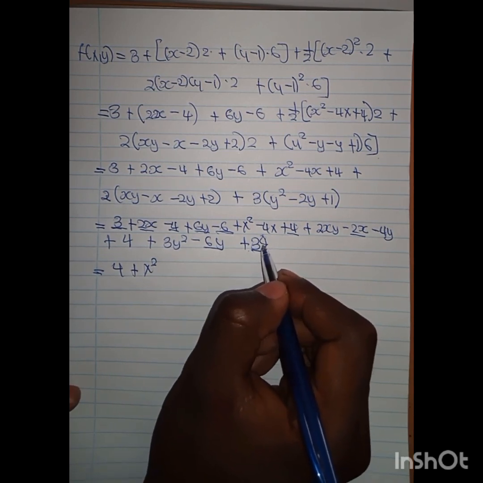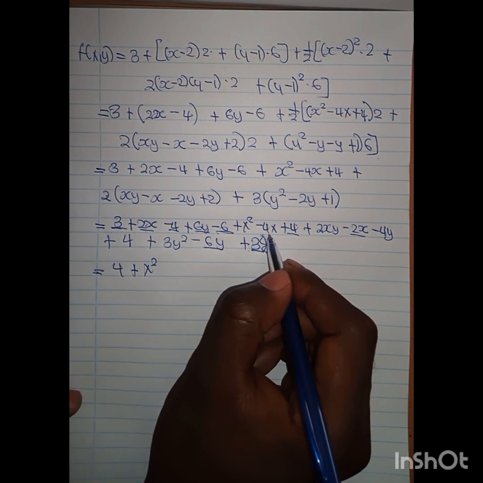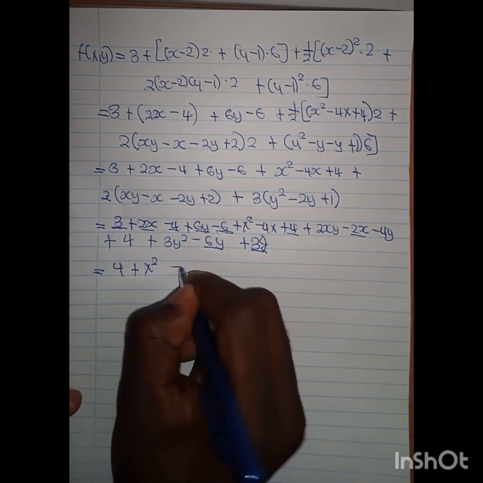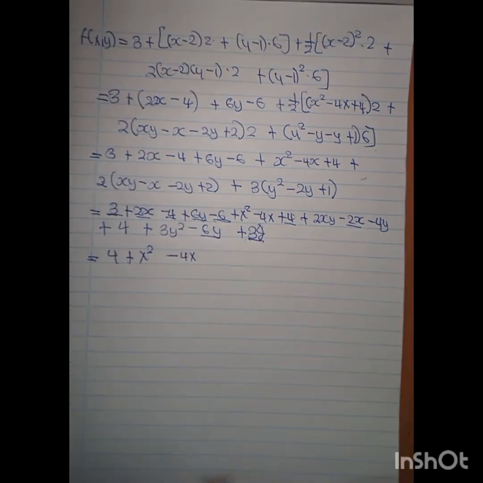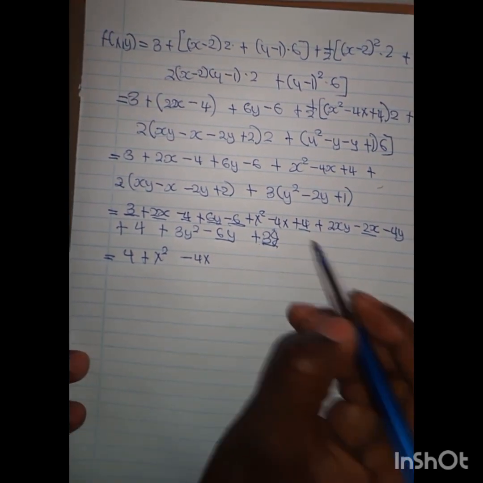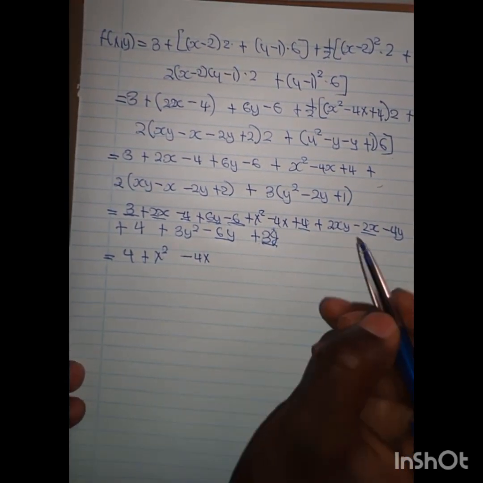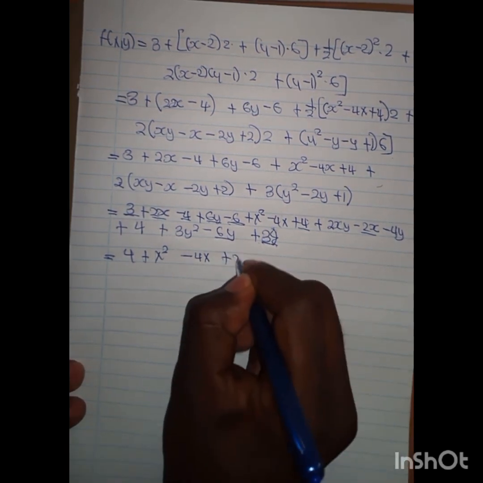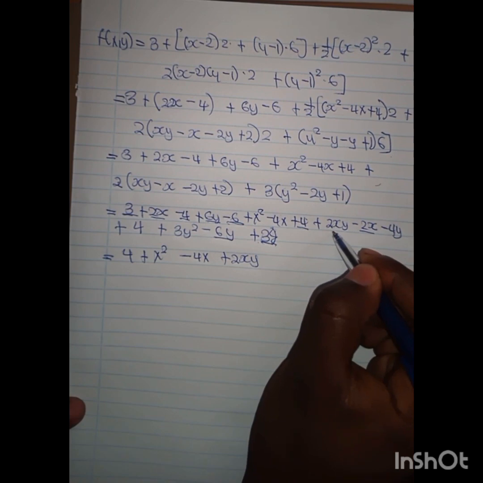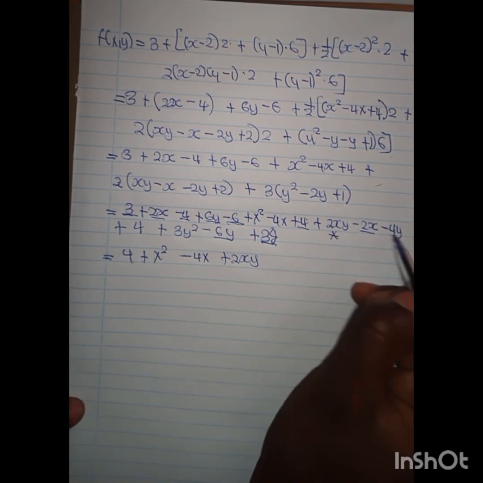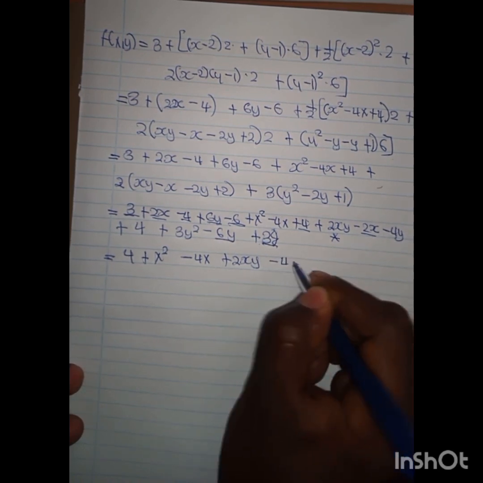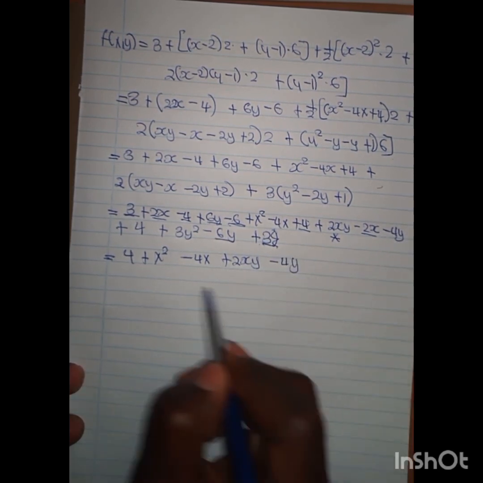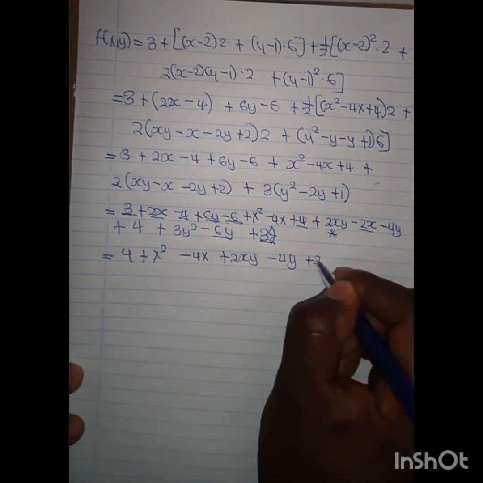We have the following minus 4x, yeah, minus 4x, then we can check what else do we have. 2xy, we have plus 2xy, and then minus 4y, we have minus 4y, yeah, so minus 4y, what else? 3y squared, so plus 3y squared.